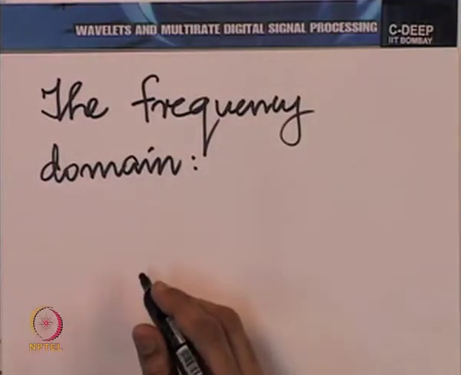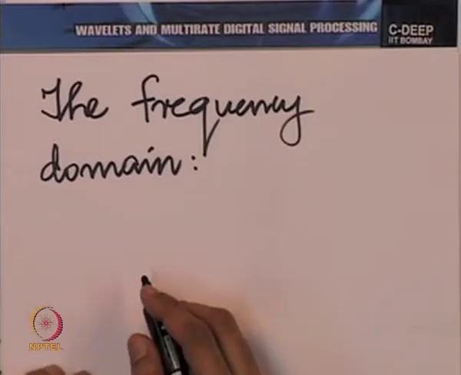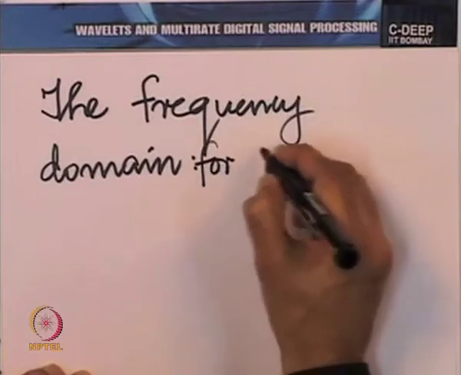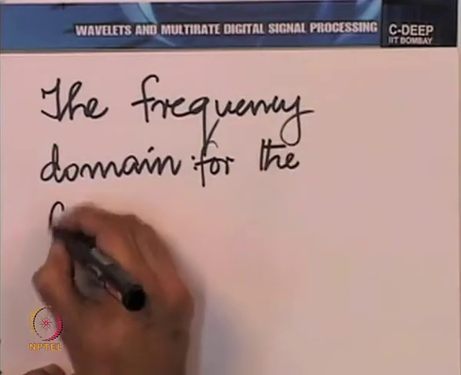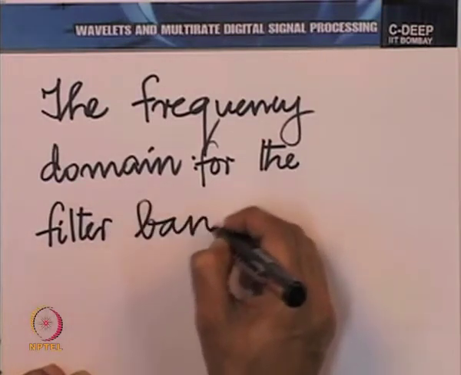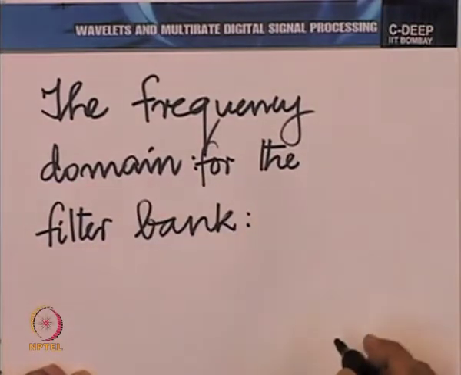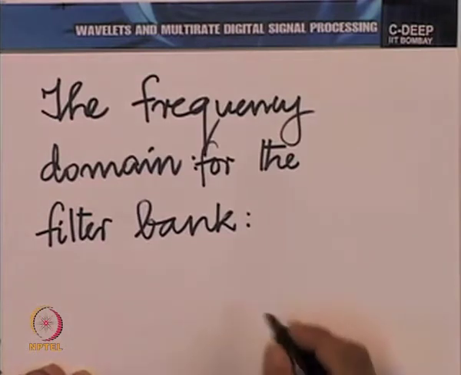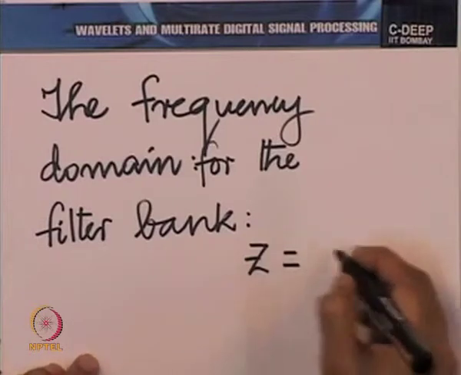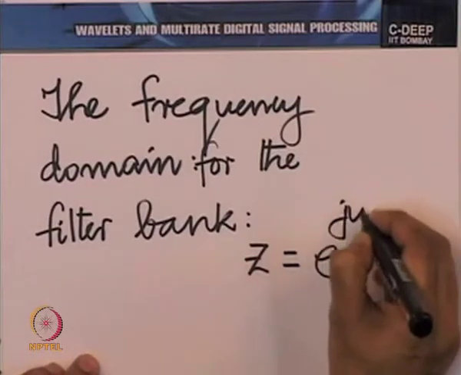So, what we will do is we will progress as follows. First, we shall look at the frequency domain for the filter bank. And how would we do that? We would do that by substituting z equal to e raised to the power j omega.